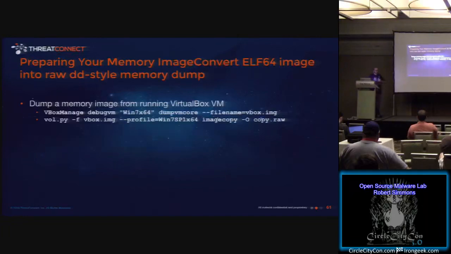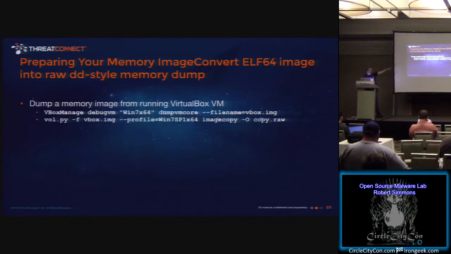So, of course, some of the things that you get from coming to a conference like CircleCityCon is I have banged my head against things numerous times, and so you don't need to bang your head against the same thing. You can't just take a memory image from VirtualBox. You need to do a little bit of a dance before Volatility will be able to analyze it.